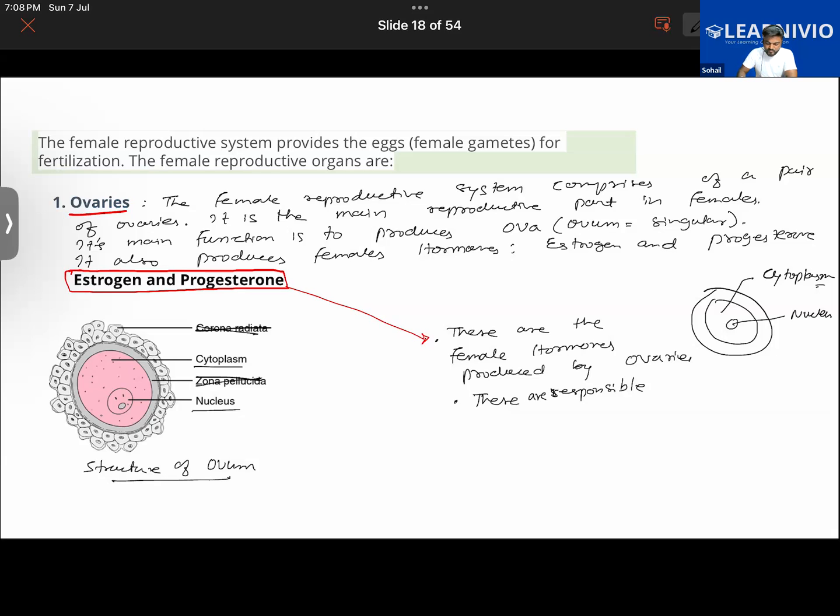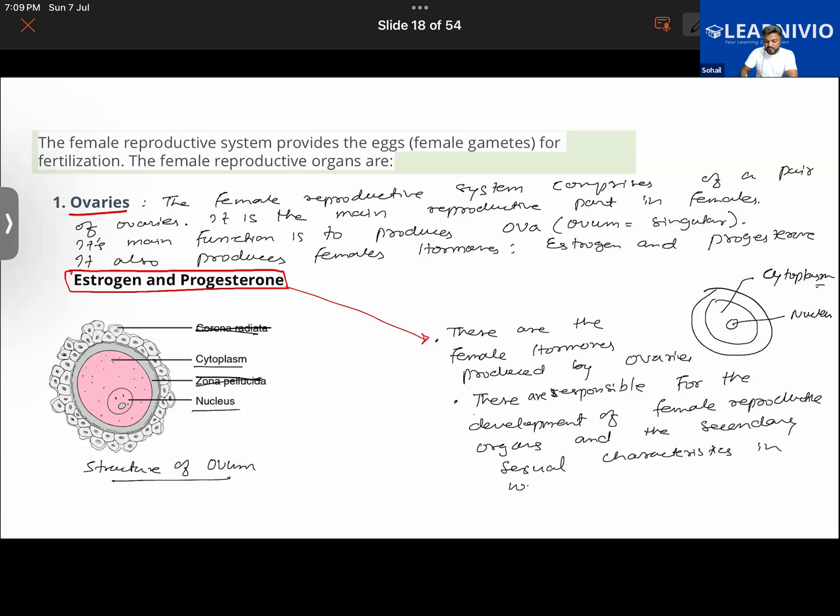These are responsible for the development of female reproductive organs and the secondary sexual characteristics in women.